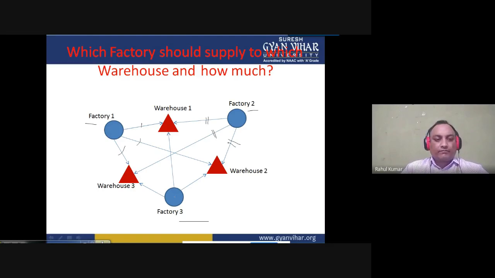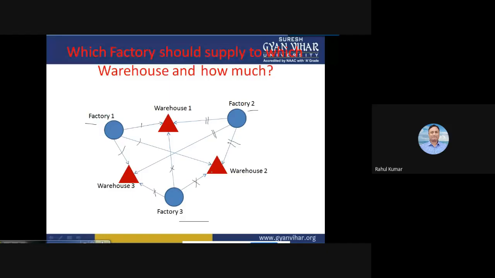Then if you want to supply the goods from factory 3, this is factory 3 to warehouse 3, this is factory 3 to warehouse 1, and here is factory 3 to warehouse 2. Just see here, if you supply from factory 3 to warehouse 1, this distance is more, so the transportation cost is more.